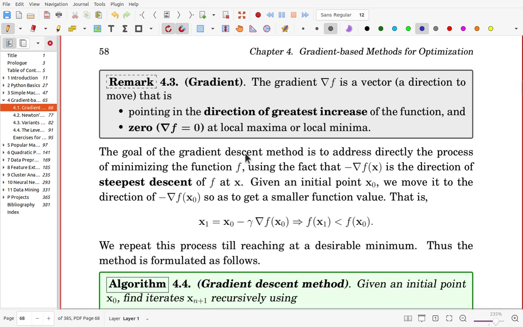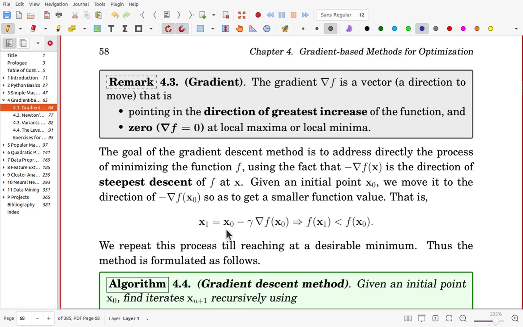In the gradient descent method, we are using the negative gradient as the marching direction. The negative gradient is the steepest descent direction, and using that vector, we try to march the points.